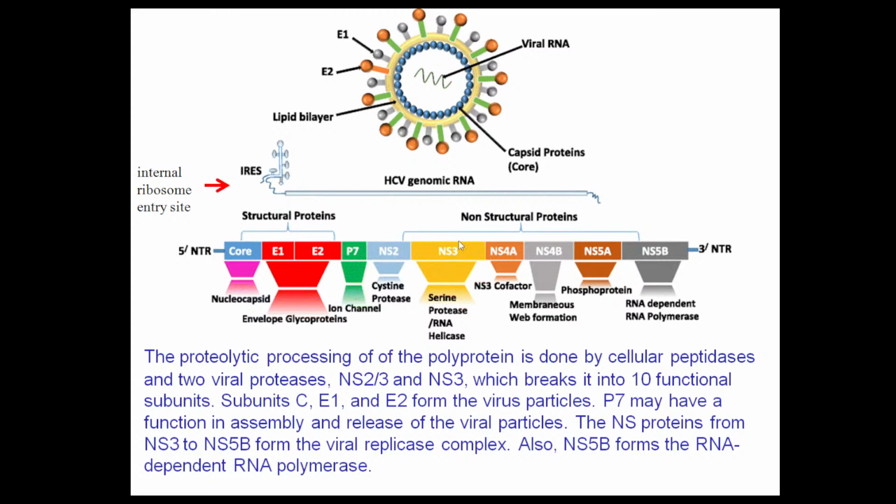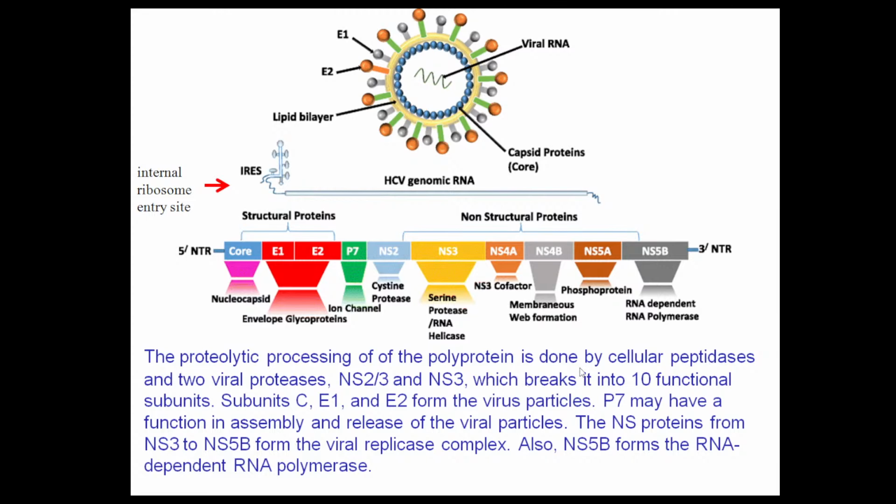Then we have all those NS. These are non-structural proteins. The proteolytic processing of the polyprotein. Why do we show the polyprotein here? Because the translation occurs from the whole genome into the polyprotein.